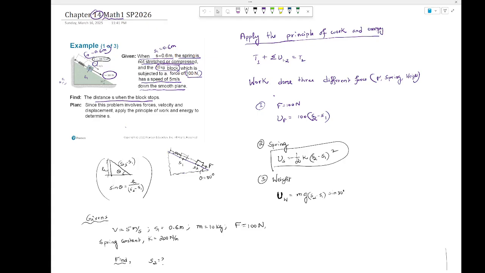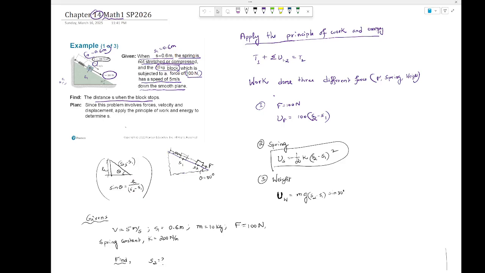As an example, we had the spring force and the spring energy. We also had an external load F equal to 100 Newton, and the work related to this 100 Newton external force.